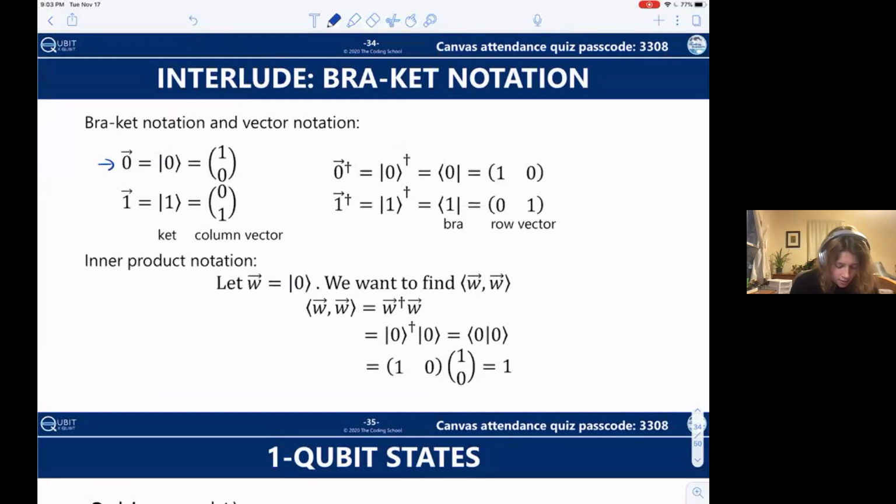This is our ket, which corresponds to a column vector, and this is our bra, which corresponds to a row vector.